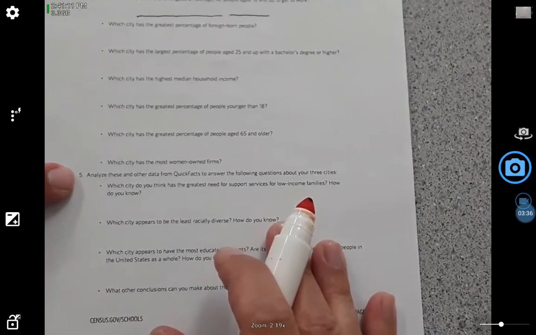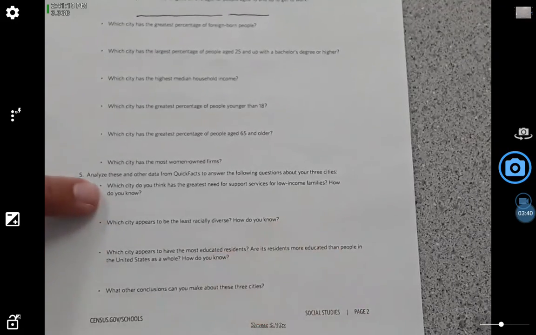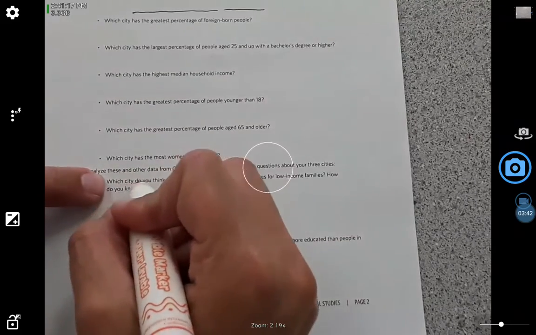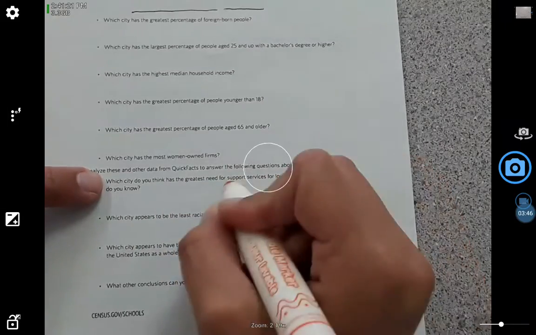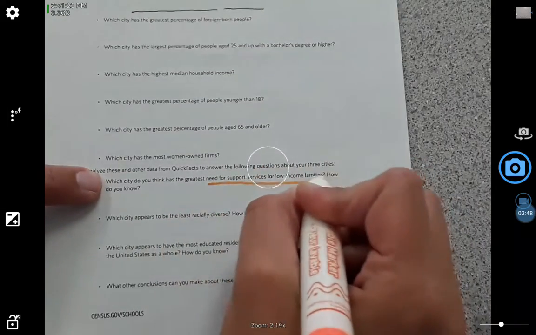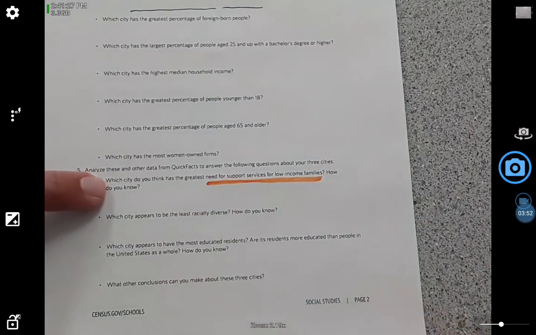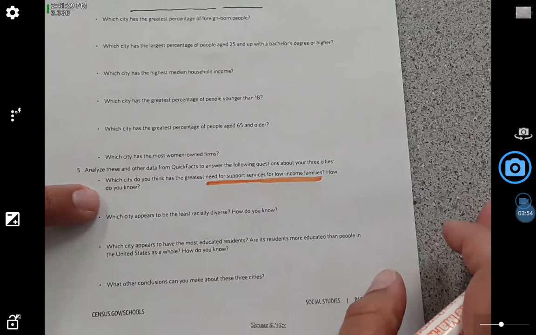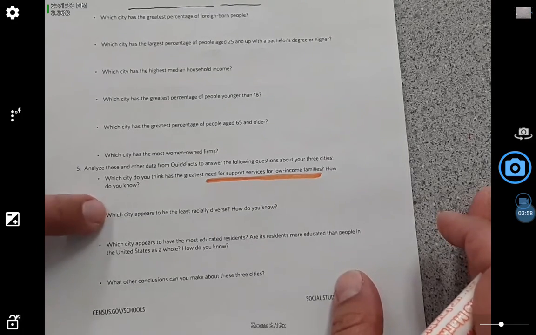Number 5 asks you to analyze different parts of the data. It doesn't tell you which data to specifically look at, but it does say, which city do you think has the greatest need for support services for low-income families? For a question like this, you might look at the poverty level or the median household income, that kind of thing, to determine which of the cities needs the most support services.